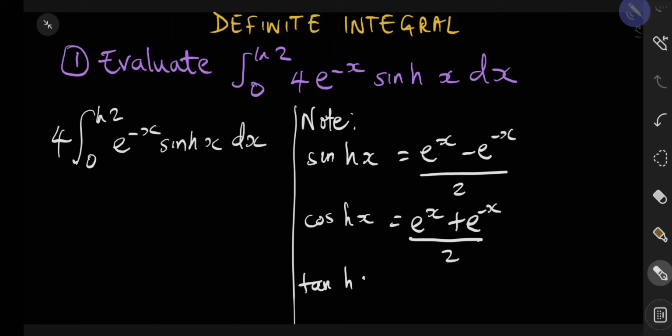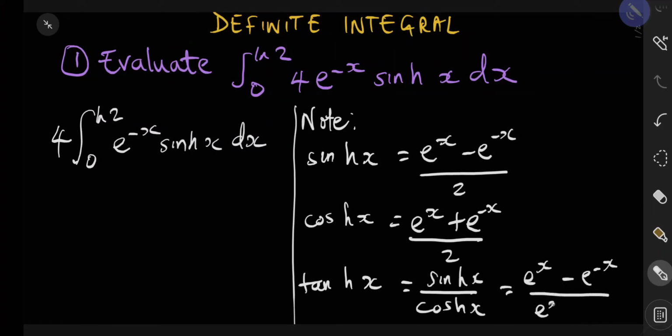And our tanh x is simply sinh x all over cosh x, which of course when you divide this, cosh x flips, the 2 cancels out, and you have e raised to power x minus e raised to power minus x all over e raised to power x plus e raised to power minus x. But for this question, we only need the first one, sinh x.